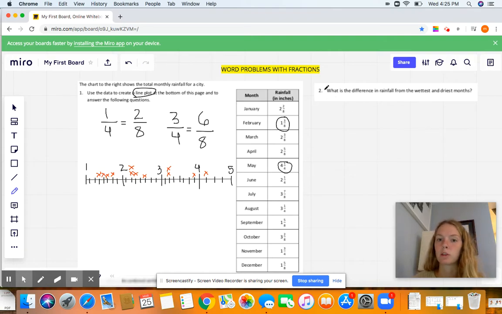So question 2 says, what is the difference in rainfall from the wettest and the driest month? So difference is often a word we see in questions with subtraction. So we know, because this is rainfall in inches, that our wettest would be May, which is 4 1/4.